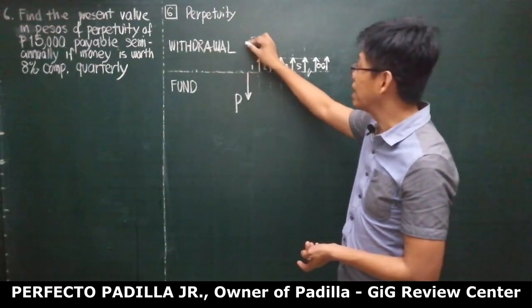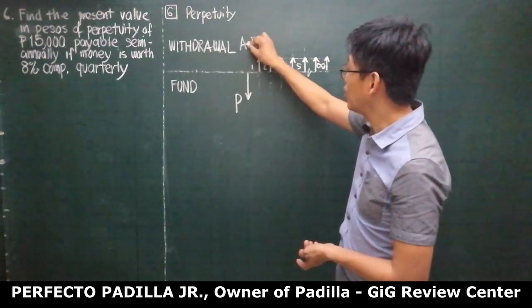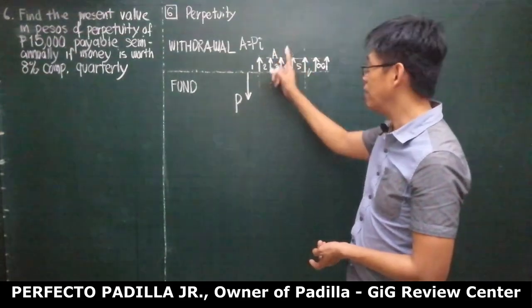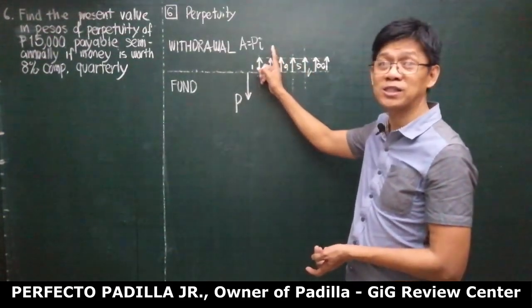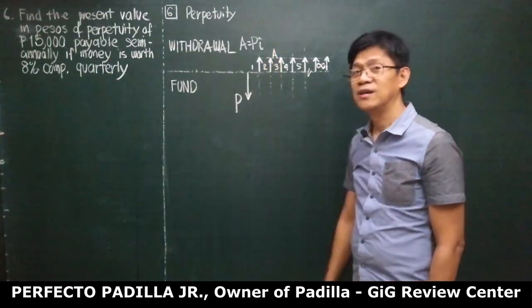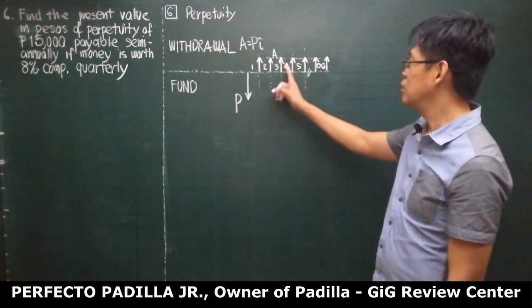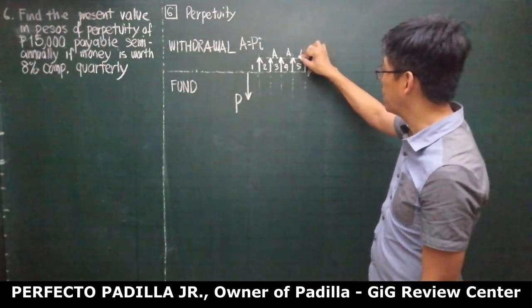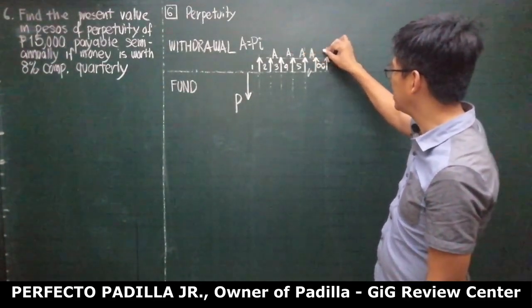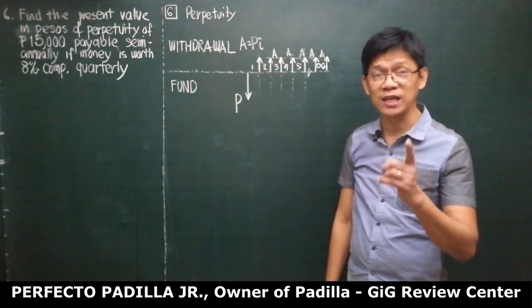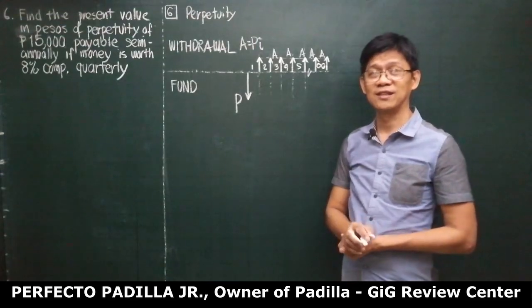Let us call this A. It will earn another interest of A. If you withdraw that, how much money is left in the bank? P. So you can withdraw every year an amount of A for an infinite number of years, as long as you are withdrawing just the interest.